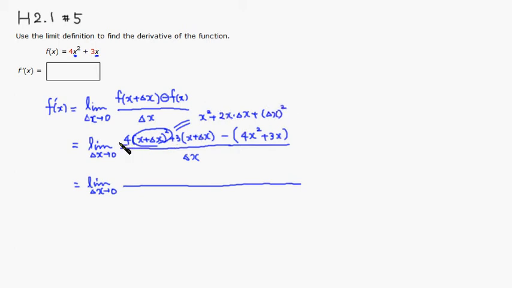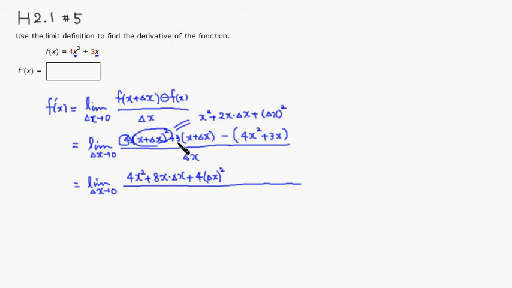Since there is a 4 here, I have to distribute 4 to each term. So you're going to get 4x squared plus 8x times delta x plus 4 delta x squared.